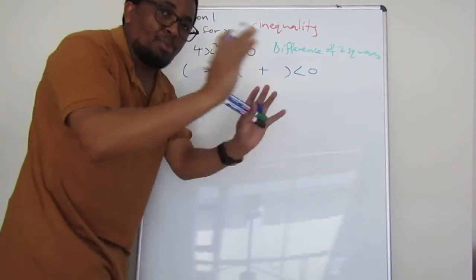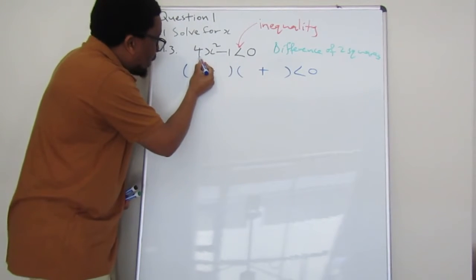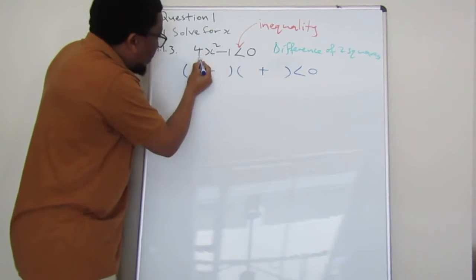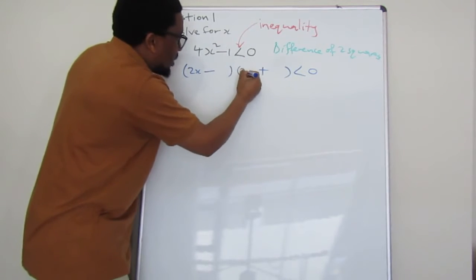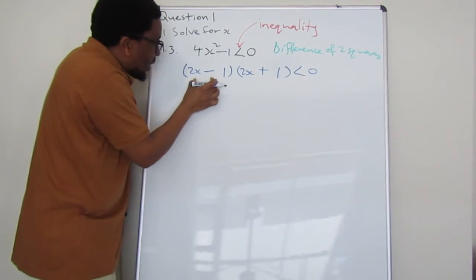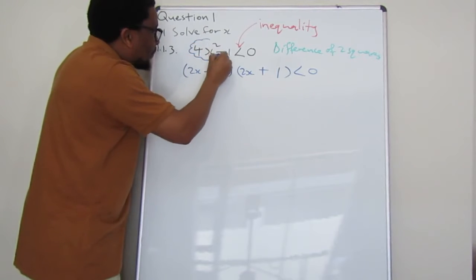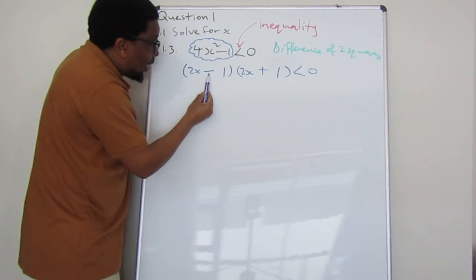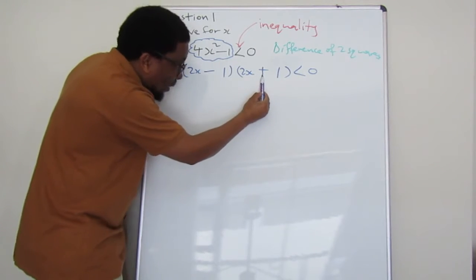Then after that, you can factorize. 4x squared becomes 2x, then 2x, then 1 this side, 1 this side. So I've got this bracket and this bracket. Whatever entity I had here has now been split into two brackets.